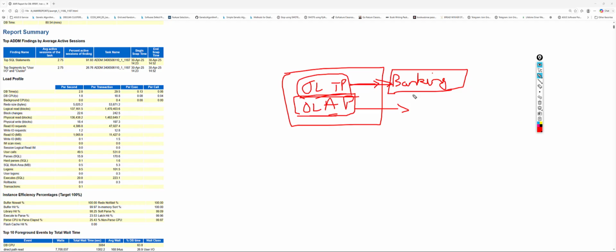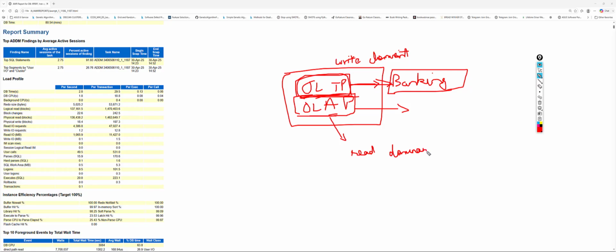So why do you need to understand the type of the database? Generally, whenever you are troubleshooting any issue, if the system is an OLTP system, then obviously it will be write dominant, and OLAP systems would be read dominant.